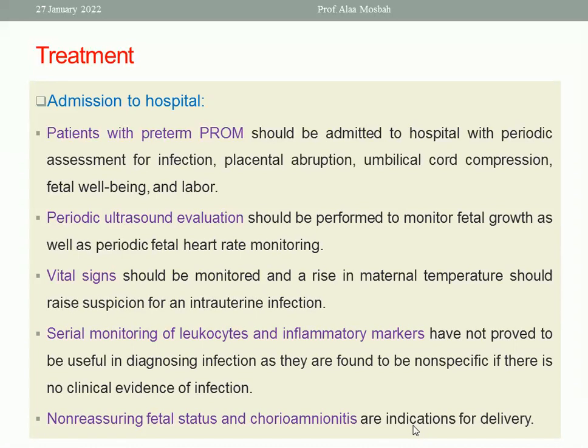For diagnosis of umbilical cord compression, and for evaluation of the fetal well-being, and labor diagnosis if it happened. And you should do periodic ultrasound evaluation. Why? To monitor fetal growth. Also, you should do periodic fetal heart rate monitoring.